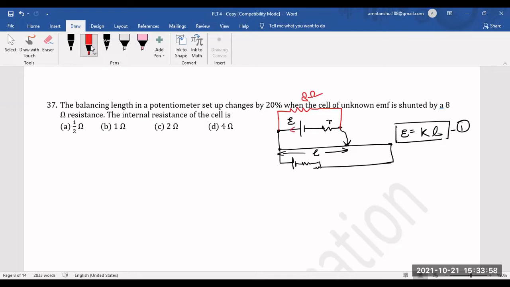Now some current starts to flow in this circuit. Now this will slightly shift at this point. Let's say the new length that we get now is L dash.